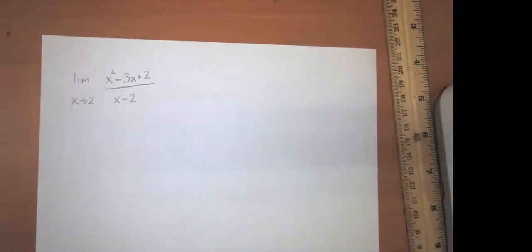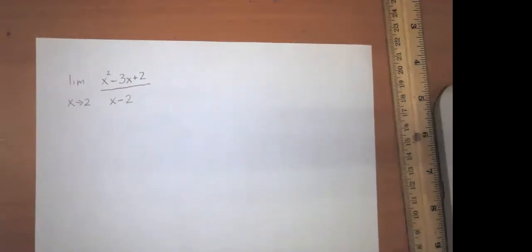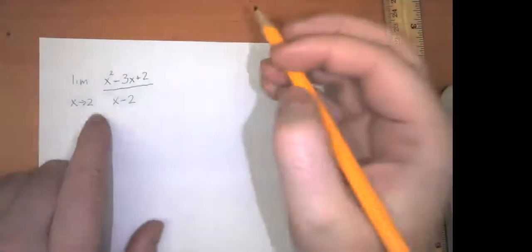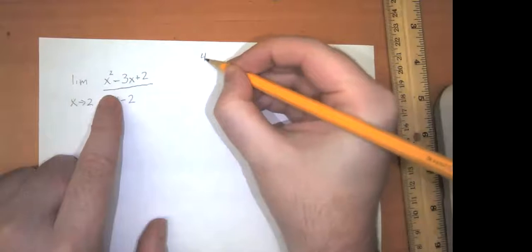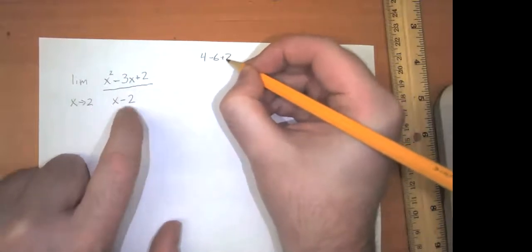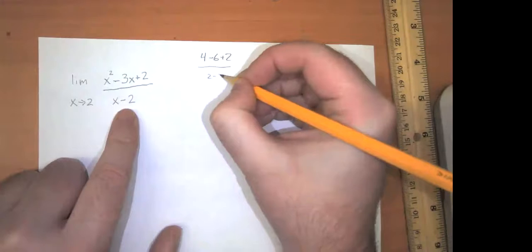So you see here that we've got the limit as x approaches 2 of x squared minus 3x plus 2 over x minus 2. So let's see if rule 1 works for us. Rule 1, remember, says that if we just plug in 2 for x and we get an answer, then that's our answer. So 2 squared is 4, minus 3x is minus 6, plus 2, over 2 minus 2.